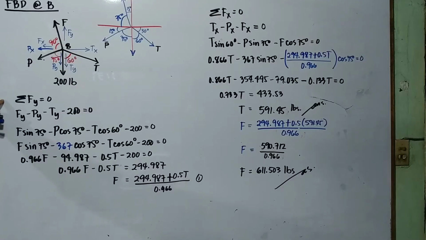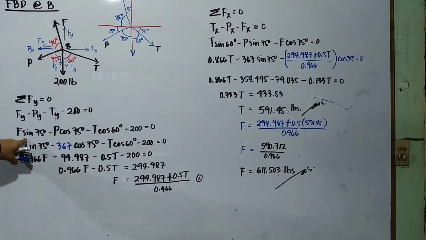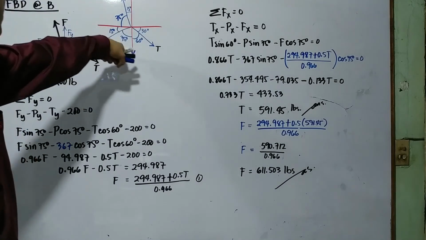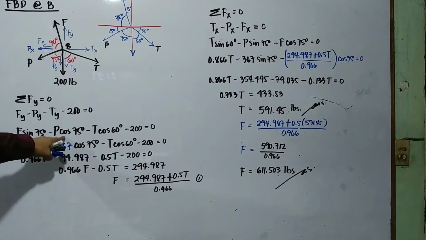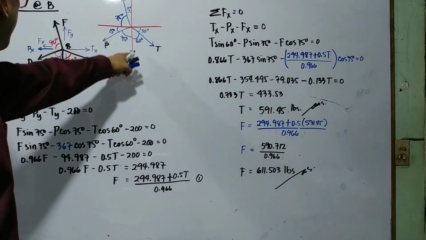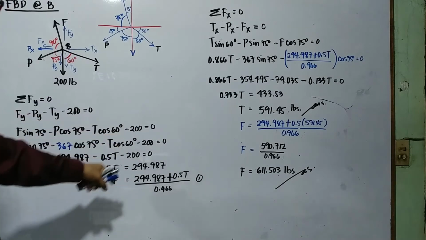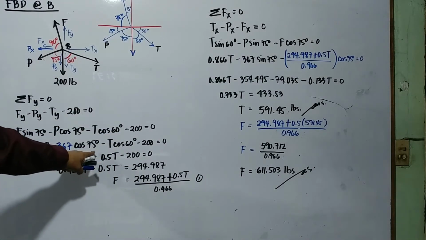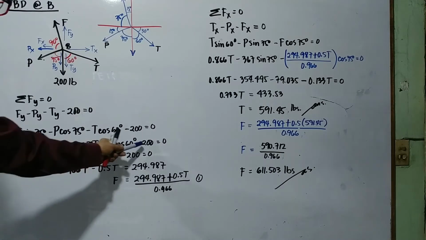So summation of Fy, we have Fy minus Py minus Ty minus 200. So we have F sine 75 minus P cosine 75, minus T cosine 60, minus 200. Now we have F sine 75 minus 367 cosine 75 minus T cosine 60 minus 200.